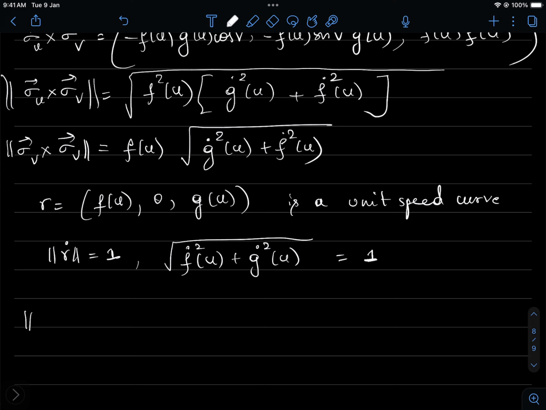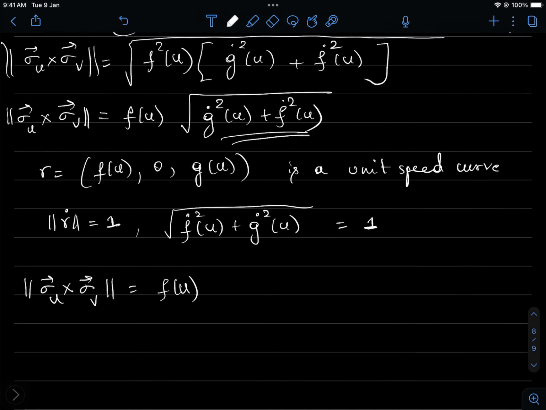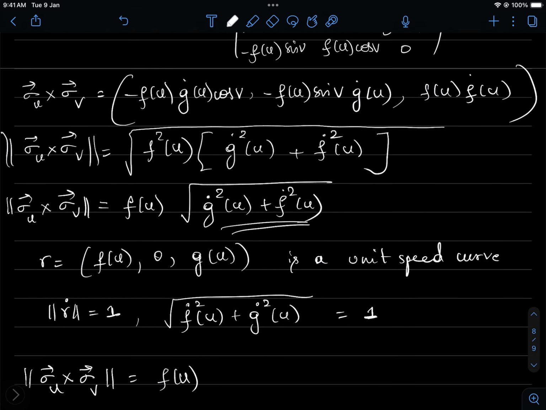Therefore, sigma u cross sigma v is equal to f of u, because this quantity is 1. When we divide sigma u cross sigma v by its norm, these f of u will cancel, right? From each term you can get rid of f of u.